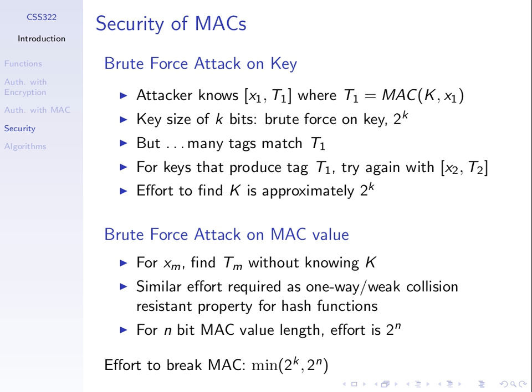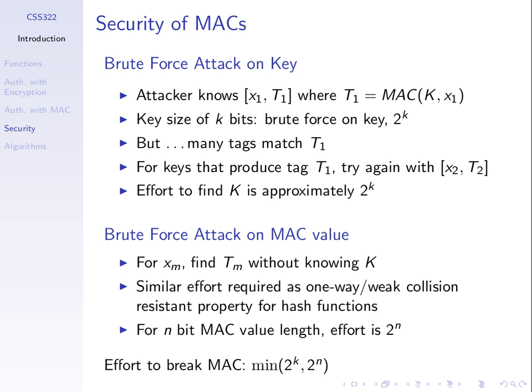And that depends upon the length of the MAC value. In the hash function, it depends upon the length of the hash value. If we have an n-bit MAC value, then the effort is approximately 2 to the power of n. So there are 2 approaches to do a brute force attack on a MAC function: find the key, or do the inverse to find some message without knowing the key.